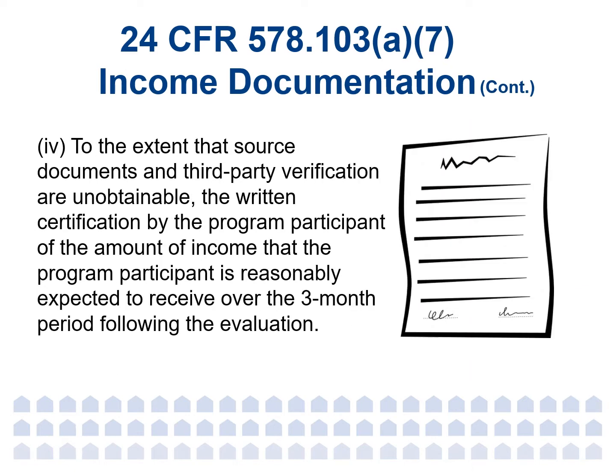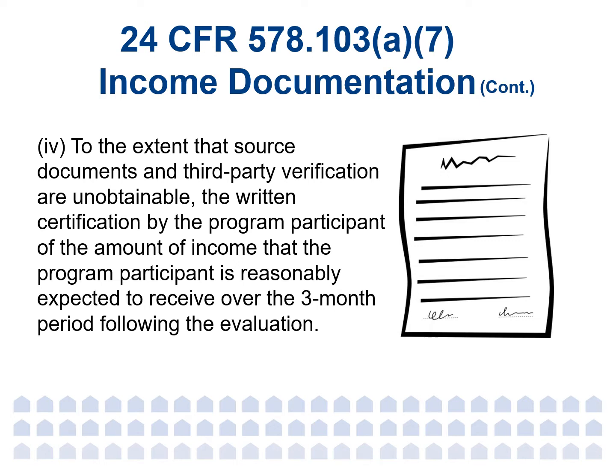If you are unable to obtain source documents or third-party verification, you need to document your attempts to obtain both of these preferred forms of documentation, and then get the participant to self-certify.